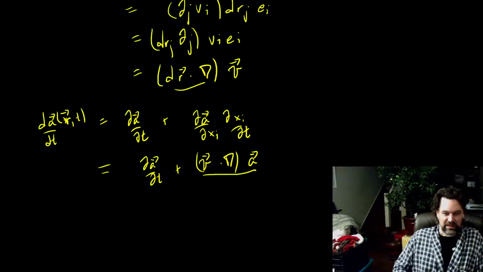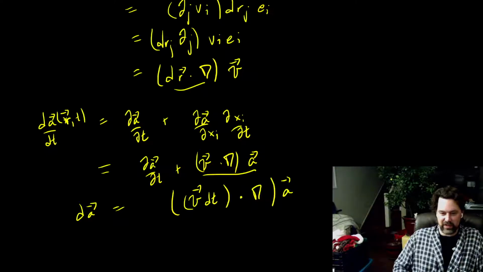So we see quantities like this in fluid dynamics and other parts of physics. So having an operator v dot grad, or in differential form, if we have no time dependence, then we might say that dA is just v dt dot grad, all operating on A, and that is what we call dr. So this quantity that we found here, attempting to interpret the tensor product notation, is a reasonable physical quantity.